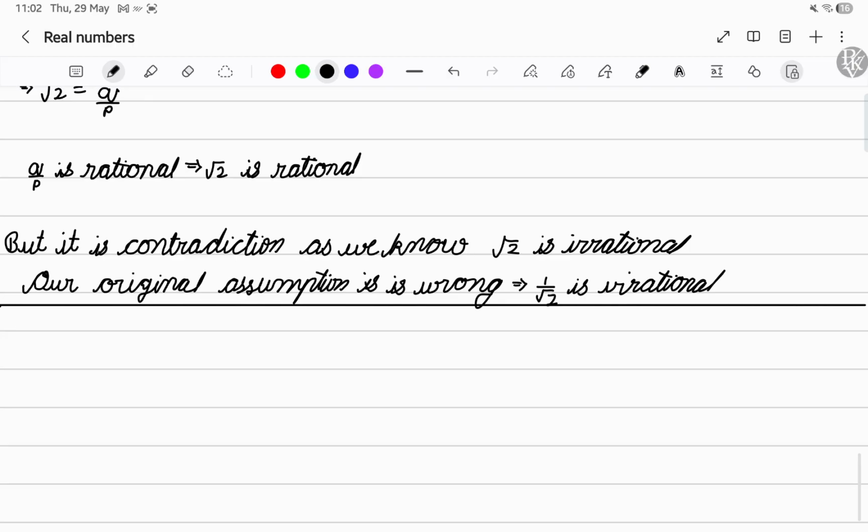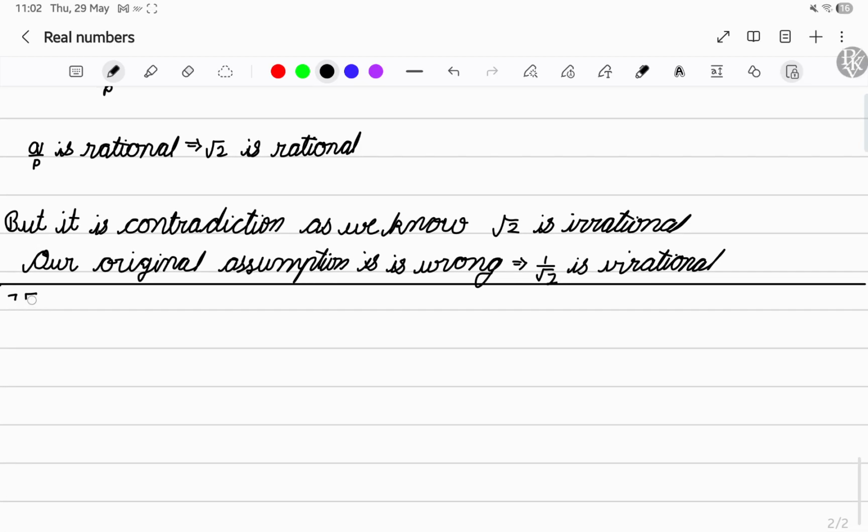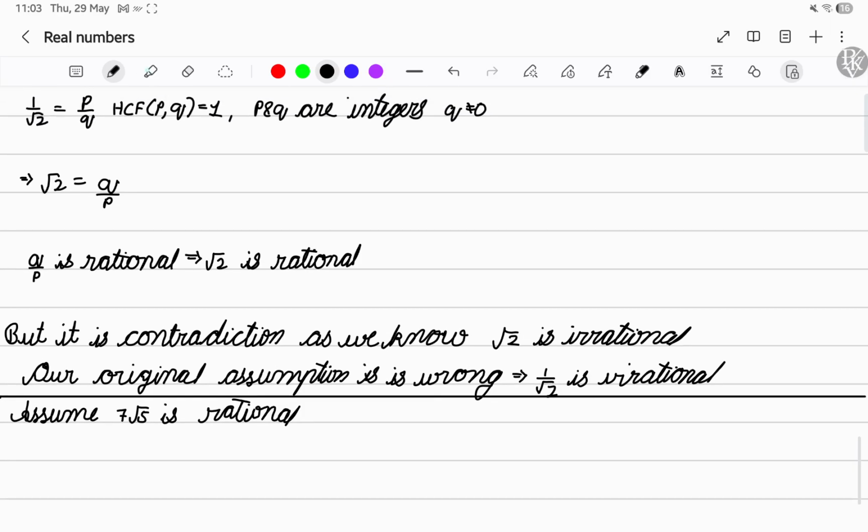Now the next variant is something like 7 root 5. See, this is simple. Assume 7 root 5 is rational. Since we need to say the same step again, I'm just going to copy this.